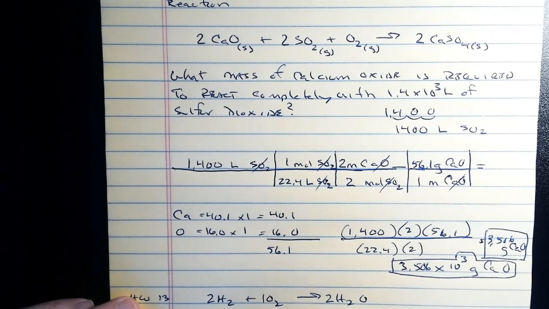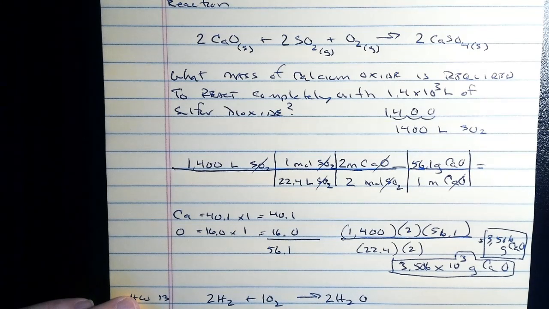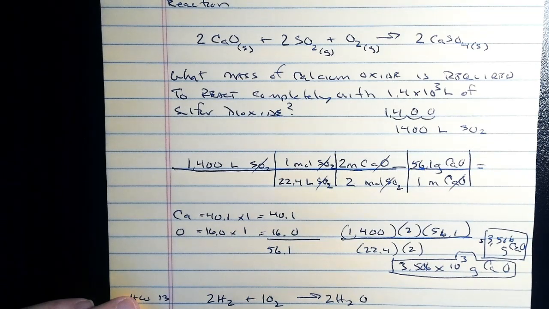Okay. So let's say, how many grams of water. So we'll change the conditions. It's not going to be a gas. It's going to be water. How many grams of water can be produced from, let's say we got 2.8 liters of hydrogen gas.